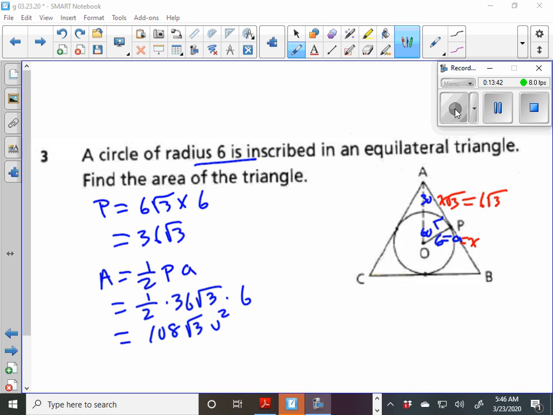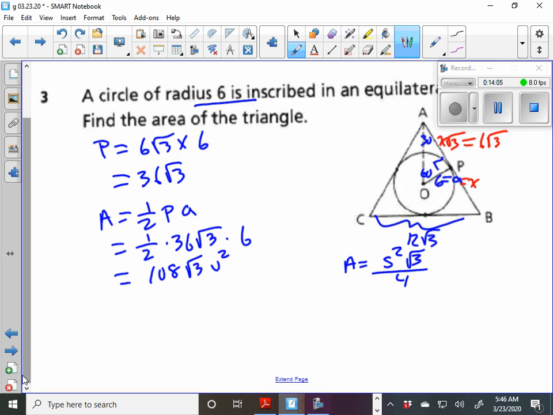And again, you could have found this another way. You could have figured out that the side is 12 root 3. So therefore, area equals side squared root 3 over 4.